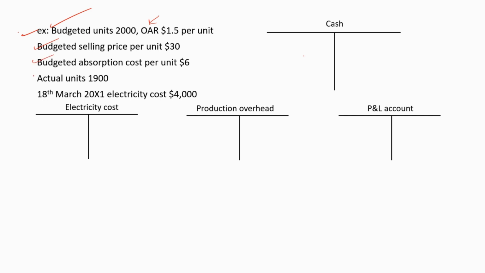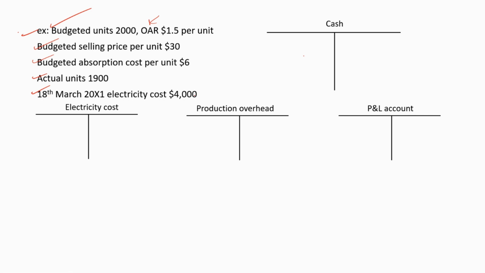Budgeted absorption cost per unit is $6. Actual units 1900. And 18th of March 20x1 electricity cost is $4,000. Always remember that P&L account is prepared using the standard costs and revenues. All the other T accounts will be prepared using the actual transactions.